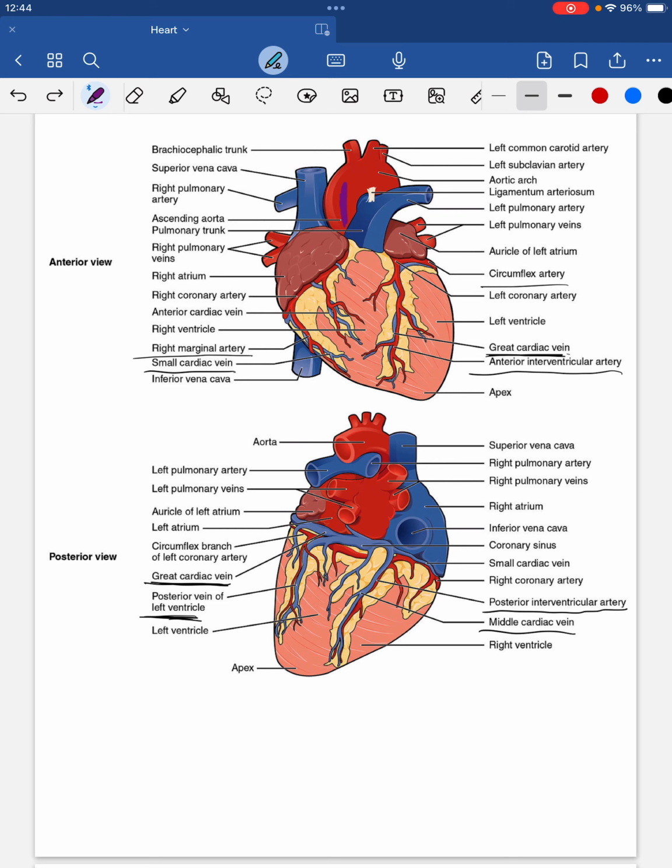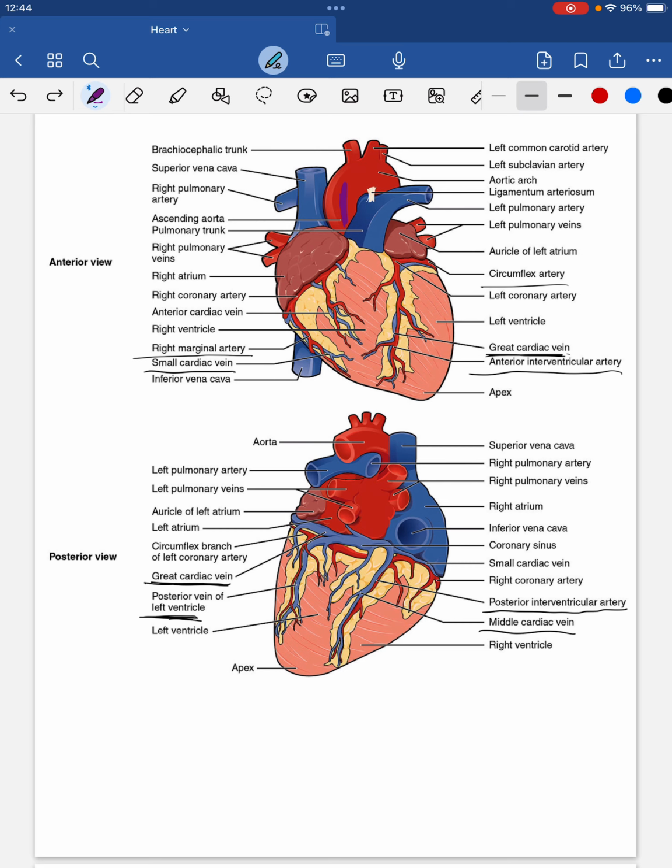And then that small cardiac vein, which you can see on the posterior side over here, is going to bring the oxygen poor blood to the coronary sinus. So all the veins converge to the coronary sinus, and that empties into the right atrium, where we have all of our oxygen poor blood from all of our other body tissues and from the heart itself.